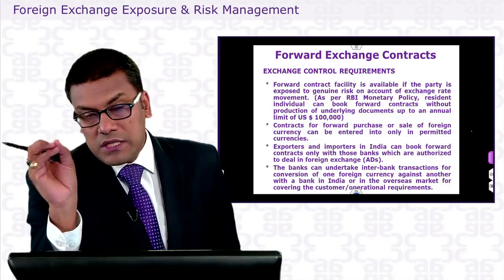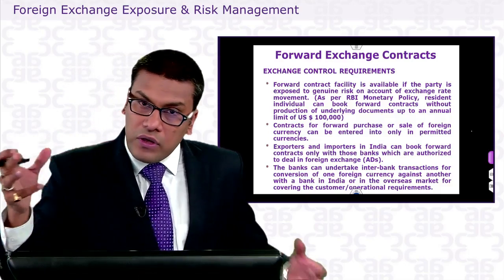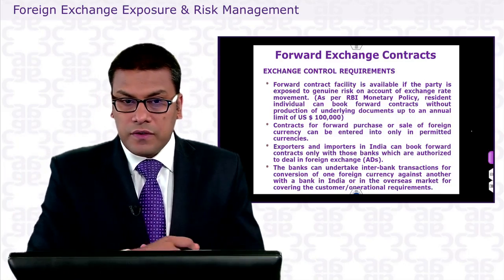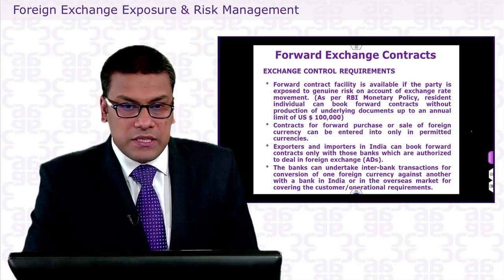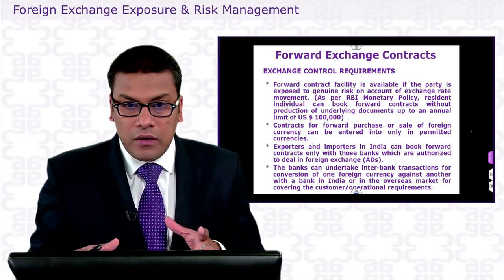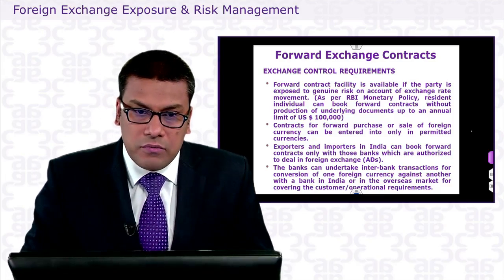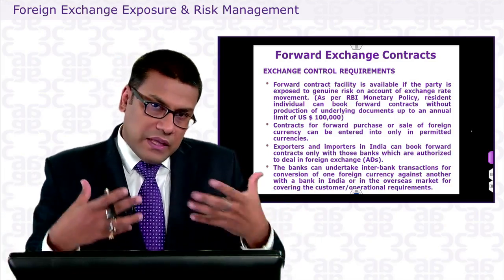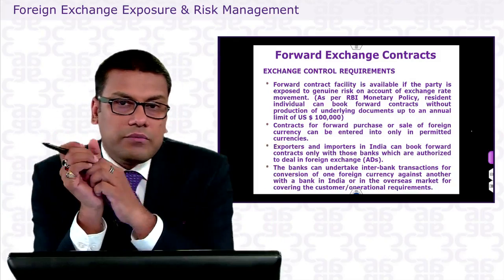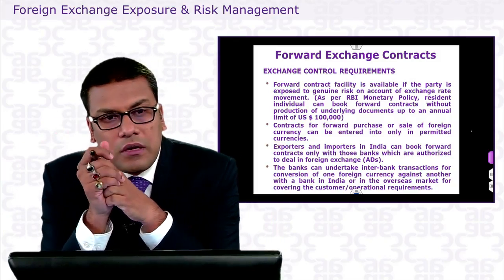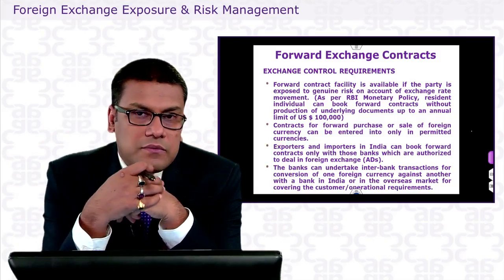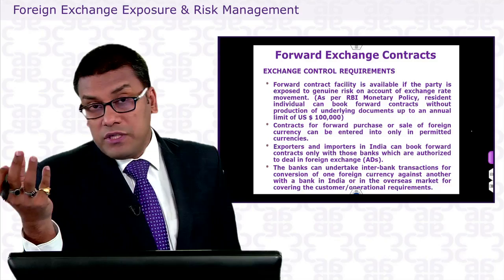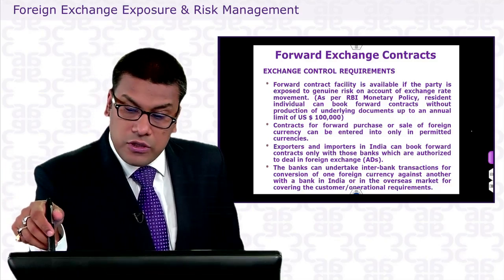So these are some limitations, and banks can only undertake interbank transactions for conversion of one foreign currency against another with a bank in India or with a bank overseas in the market, or for covering customer or operational requirements. So there is always some mechanism, some system, under which this market is governed. These are some exchange control requirements.